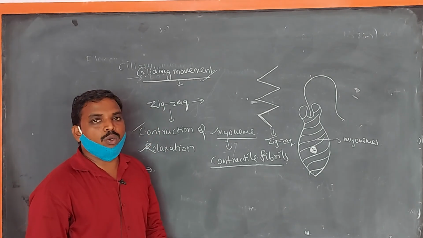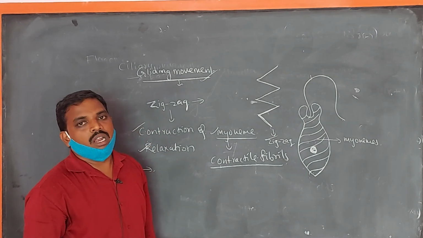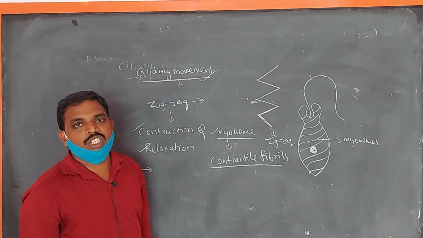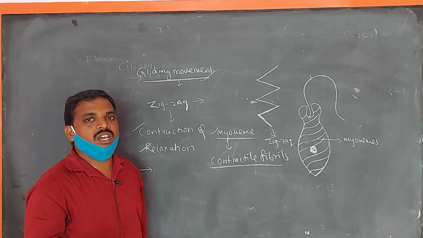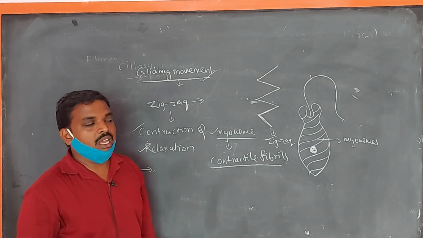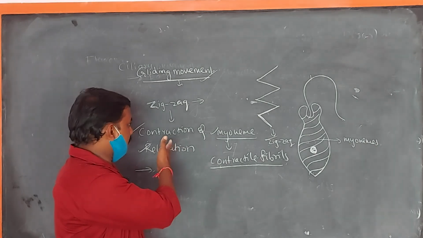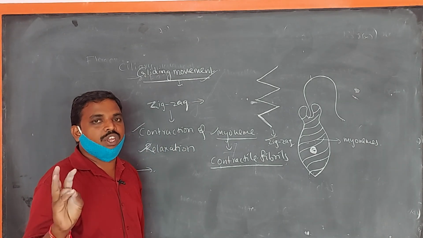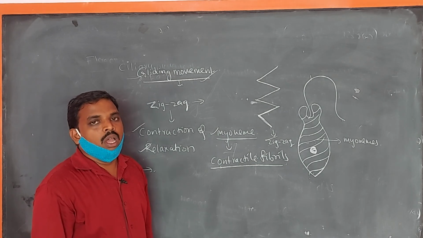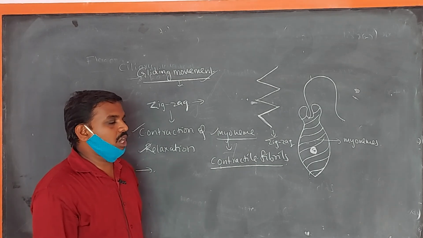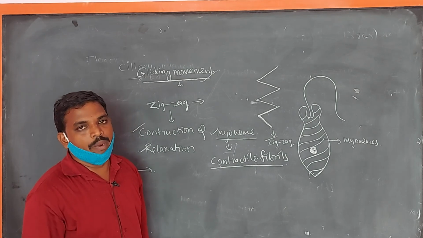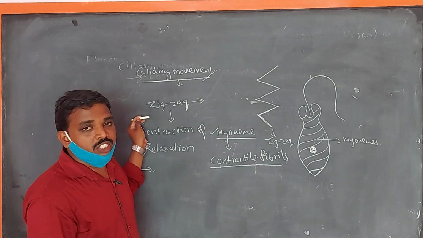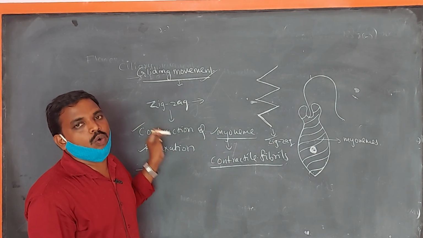So it includes the flagellar movements like undular movement, sidewise movement and simple gyration movements. These three movements are included in the flagellar movements. Then the ciliary movements are swift back and forth movements. It is also called the effective and recovery strokes. And the ciliary movement presents two types of movement, one is the synchronous movement and the second one is the metachronous movement.